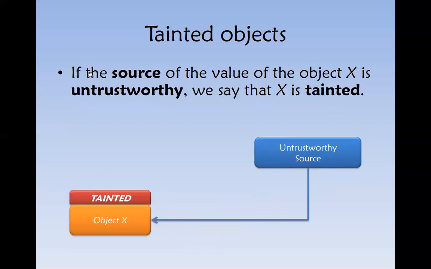Okay, so that is going to be called an untrustworthy source, shown in this blue box in this picture. And if through one operation or a series of operations, the object X gets its value, or its value is influenced by this untrustworthy source, we say that that particular object X is tainted.